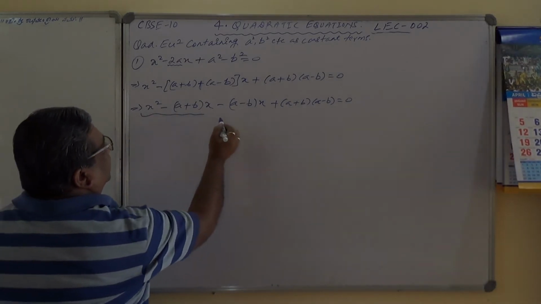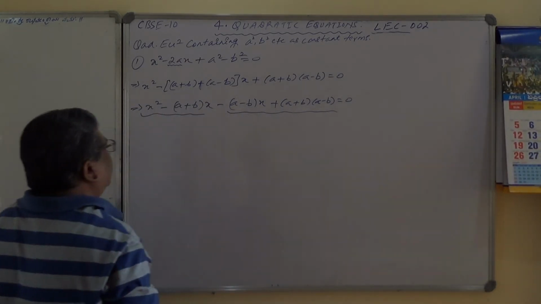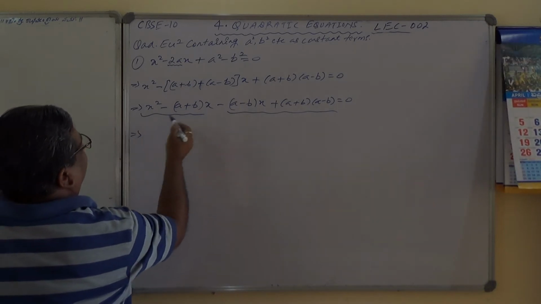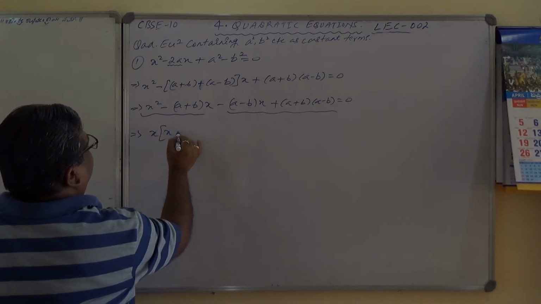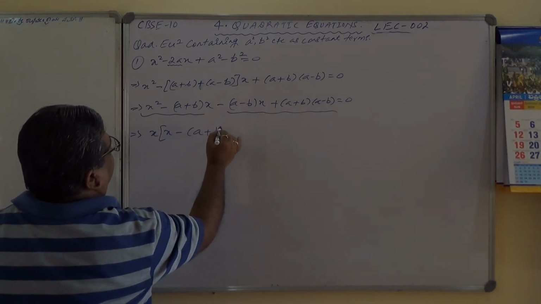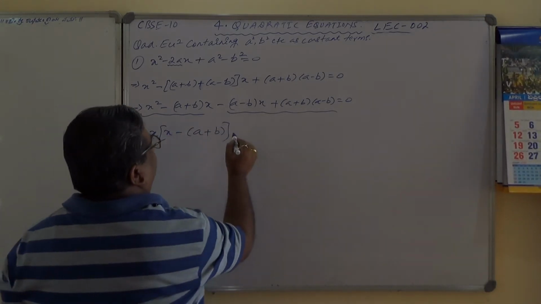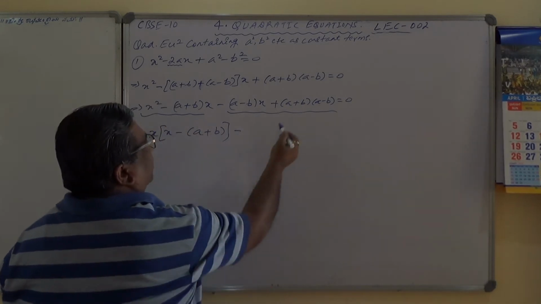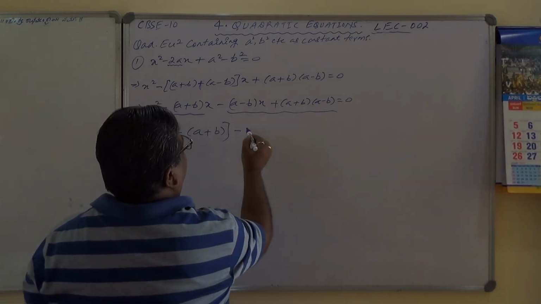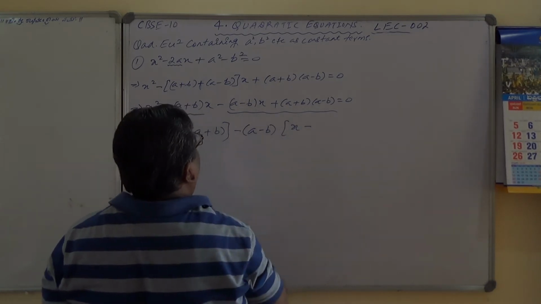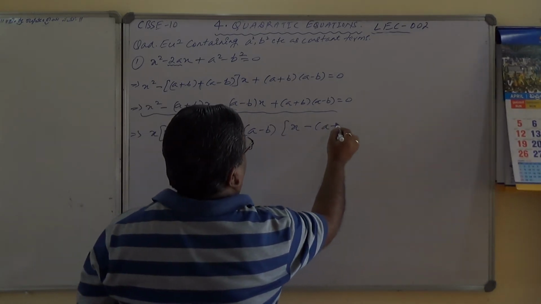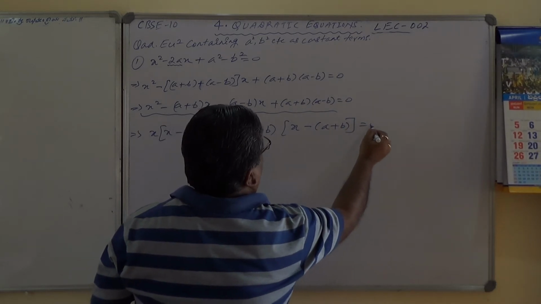Take the common out of these two terms, common out of these two terms. Implies, what is common here? X. So x is common, x minus of a plus b, here minus, what is common? A plus a minus b is common, minus of a minus b into bracket x minus a plus b equals 0.